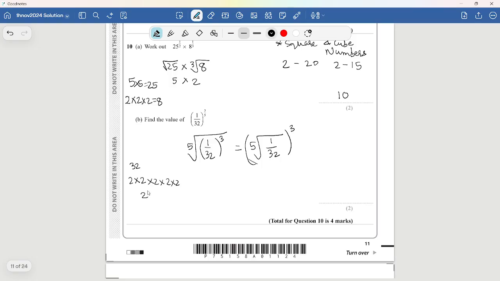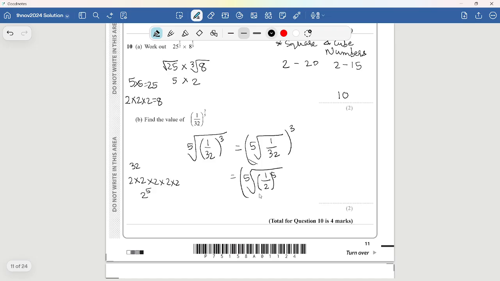So that is 2 power 5. I can replace the 32 in the denominator with 2 power 5. So this can be written as the fifth root of 1 over 2 power 5. I can write this as a whole power 5 because 1 power 5 is also 1.